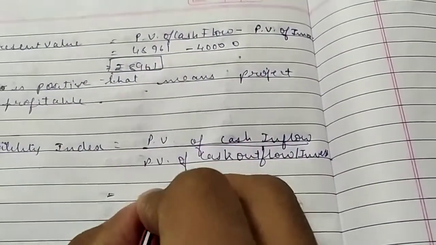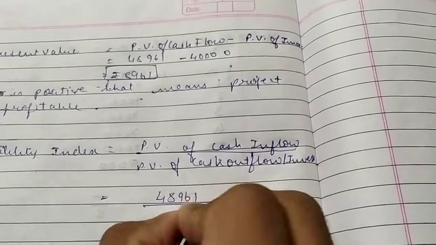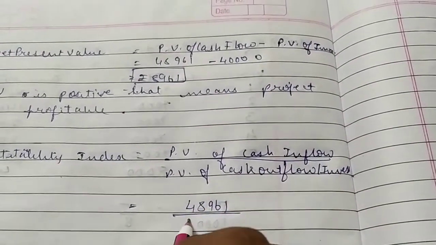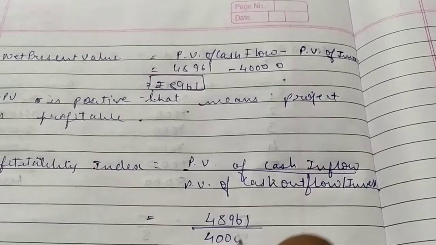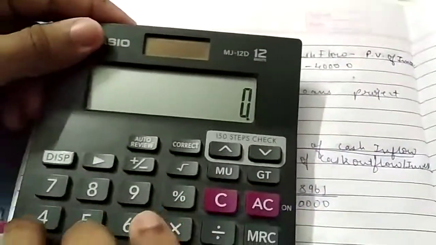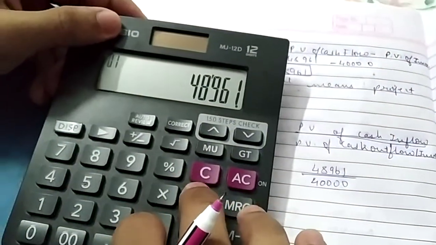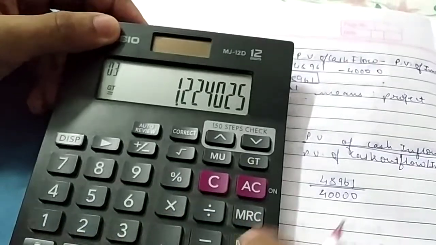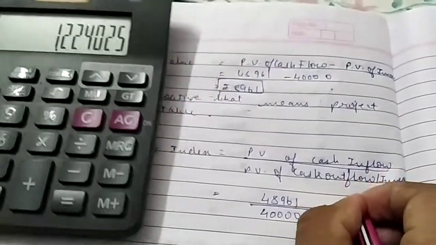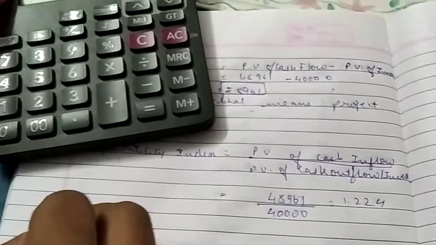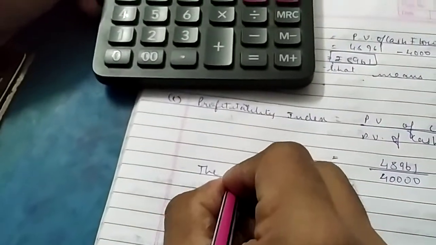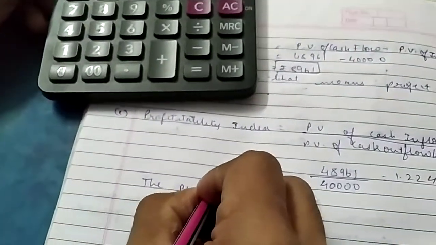The present value of cash inflow is 48961 and the present value of cash outflow is 40,000. Dividing 48961 by 40,000, we get 1.224.